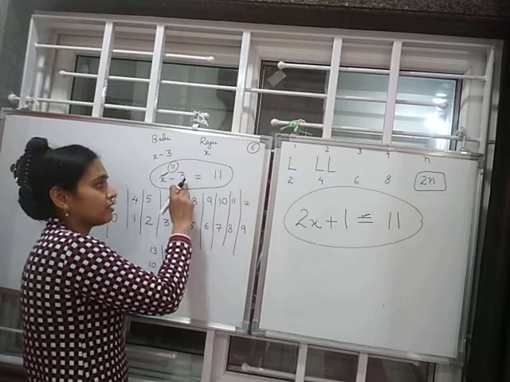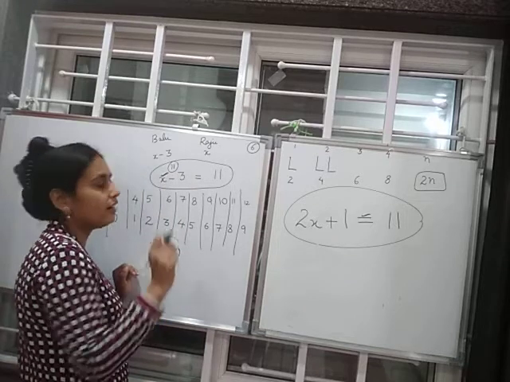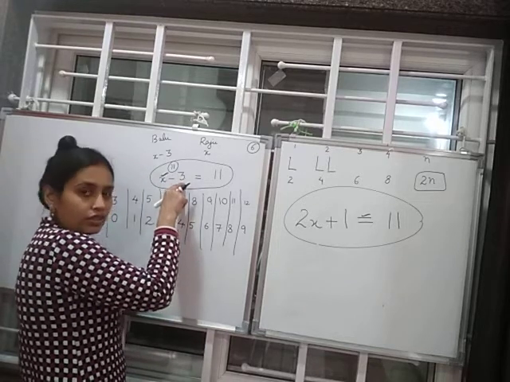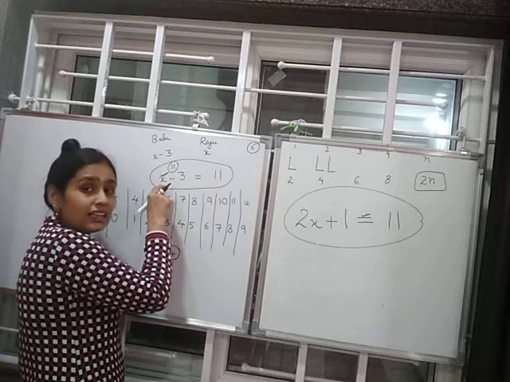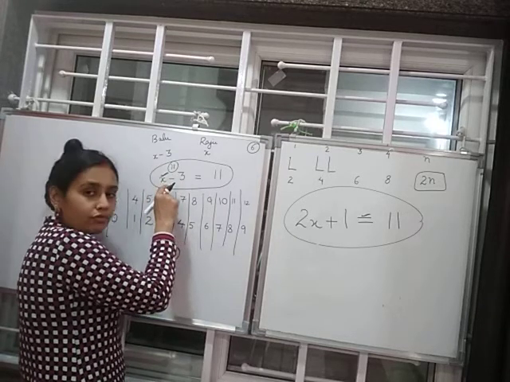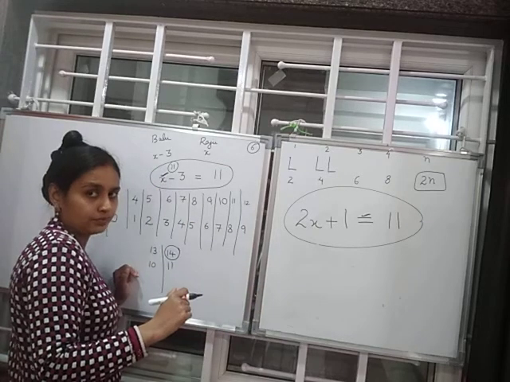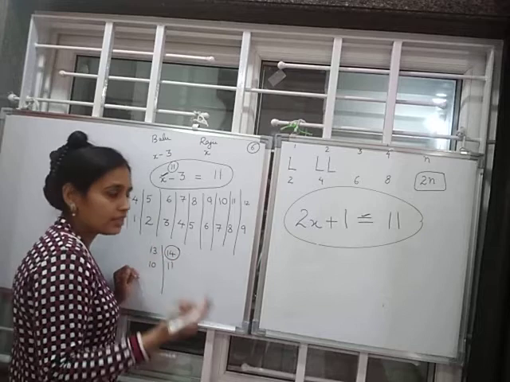Hence, x minus 3 is equal to 11 is an equation, and an equation is a condition on a variable at its particular value. Okay, so what is an equation?